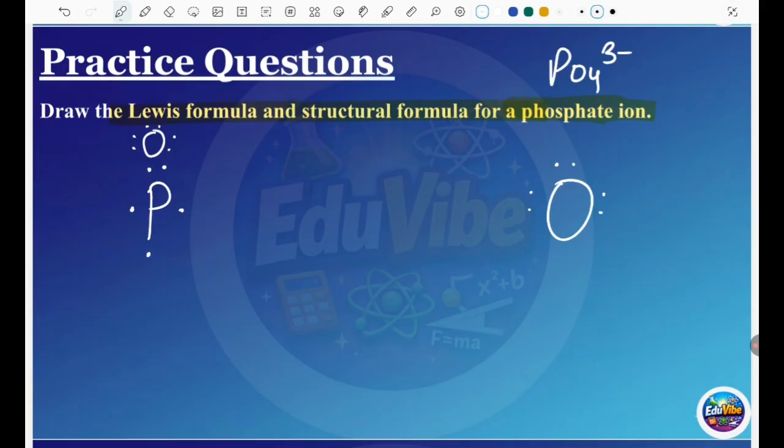Now we have to make another. For the other ones, the 3 of them are directly connected with each other. For this, we put that electron back to this. So this electron goes back over there, and we connect with 1 dot.